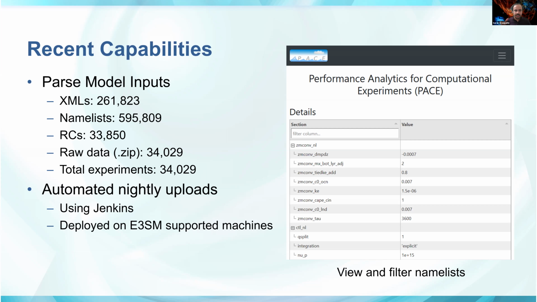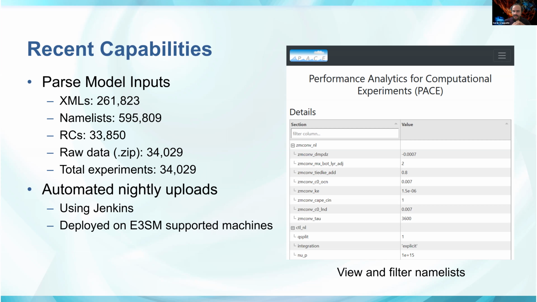They're all captured, and we have the raw data from all those experiments. So we have zip files of all those, as well as parsed outputs stored in database tables. As of late last night, we have about 34,000 experiments in the database, and a bunch of corresponding input files as well.